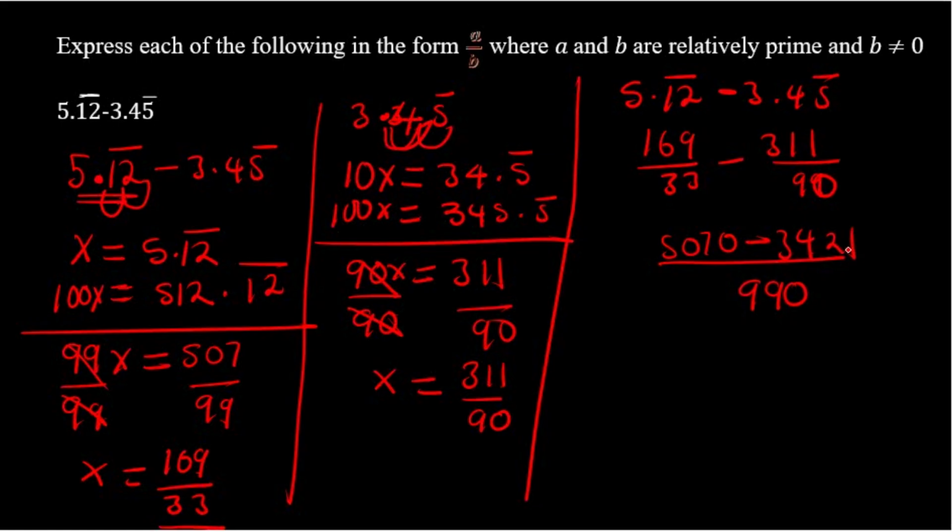Then 5070 minus 3421, you have 1649 over 990, like that. So when you divide there, it is just this. So that's your answer there, right?